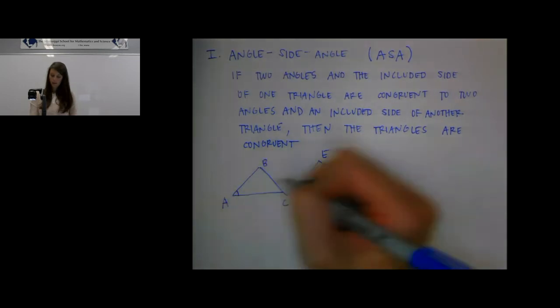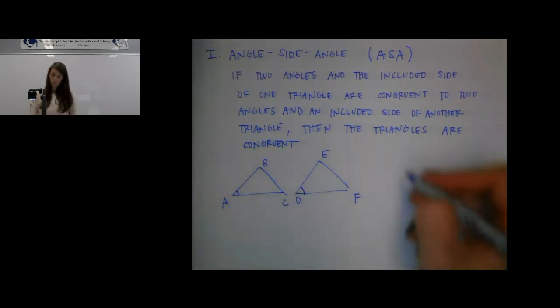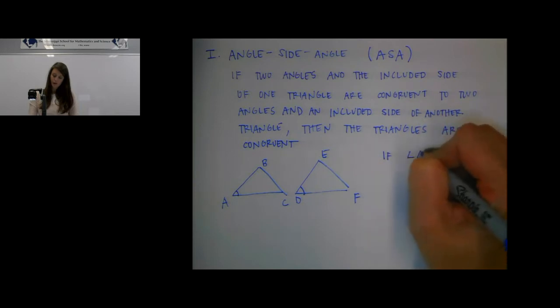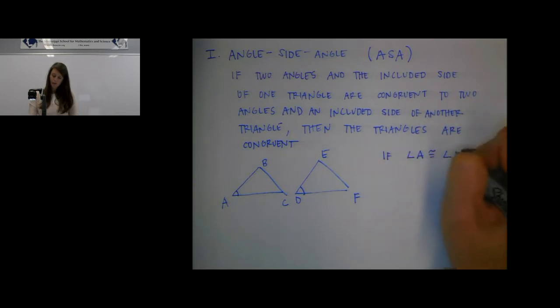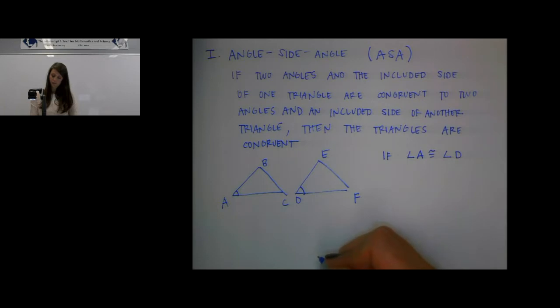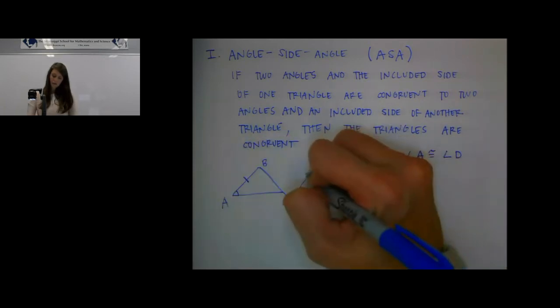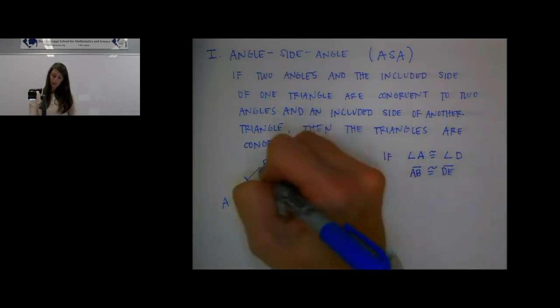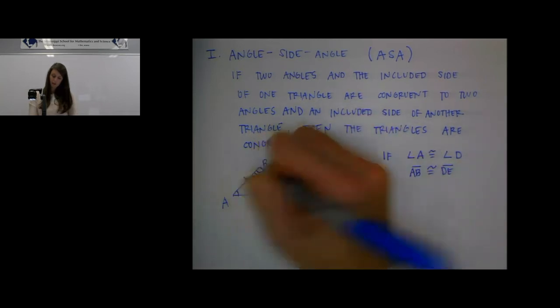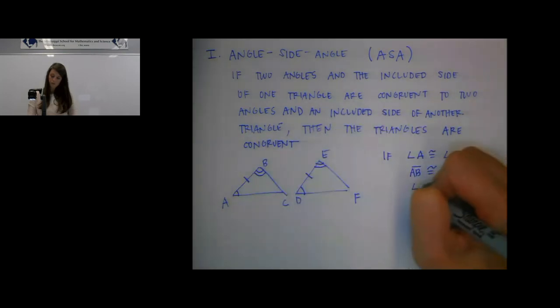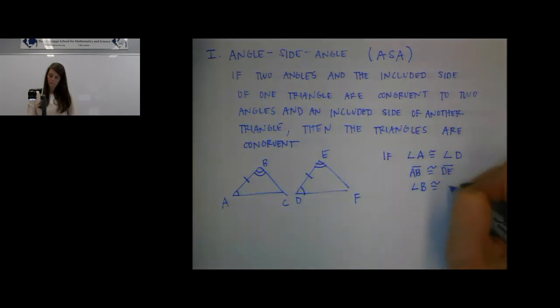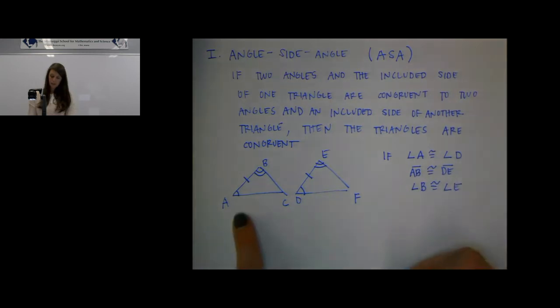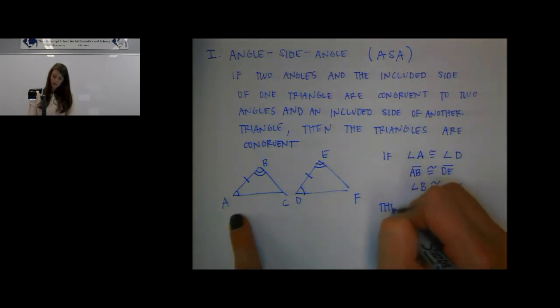If angle A is congruent to angle D, side AB is congruent to side DE, and angle B is congruent to angle E, then we can say that the triangles are congruent.